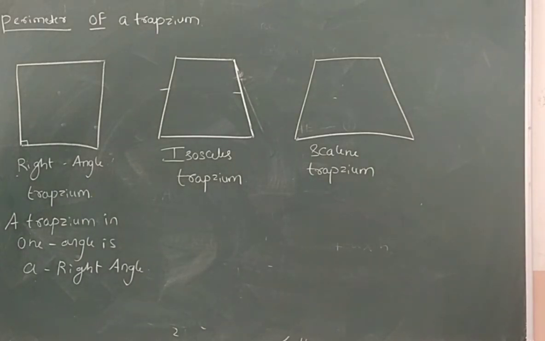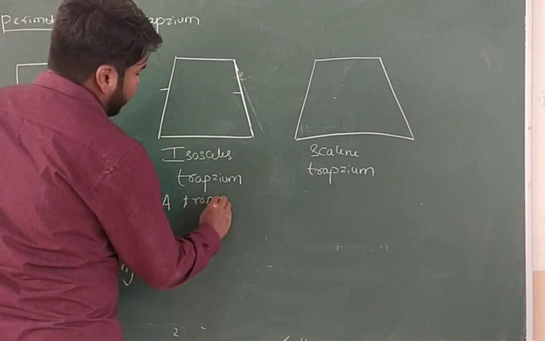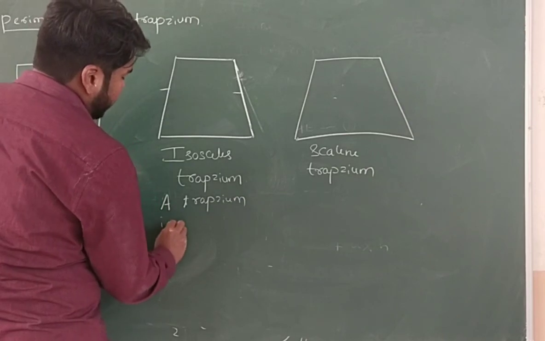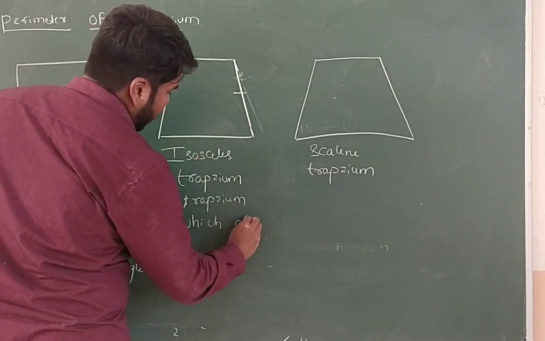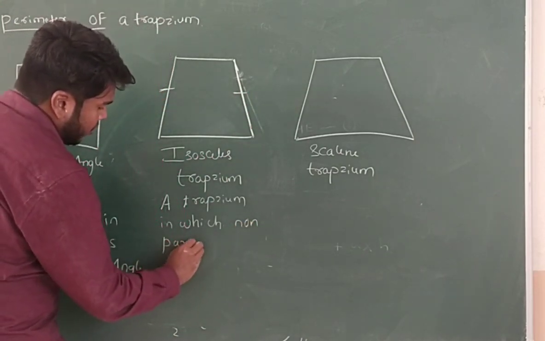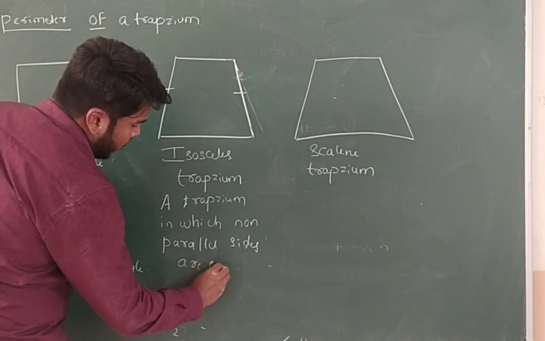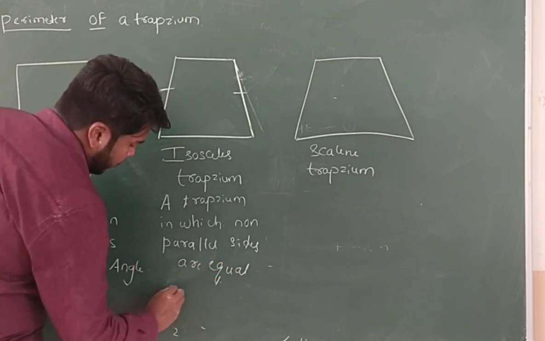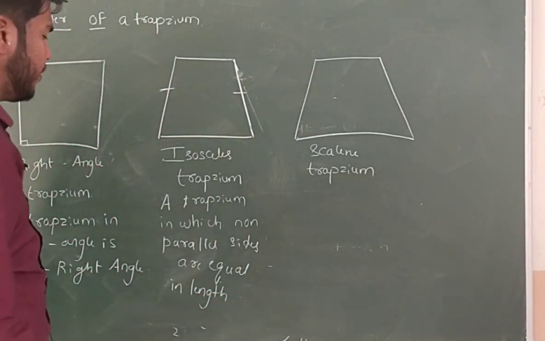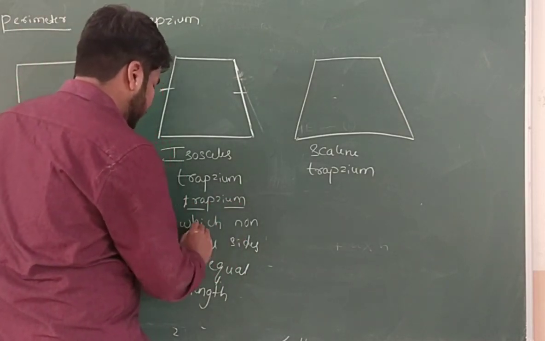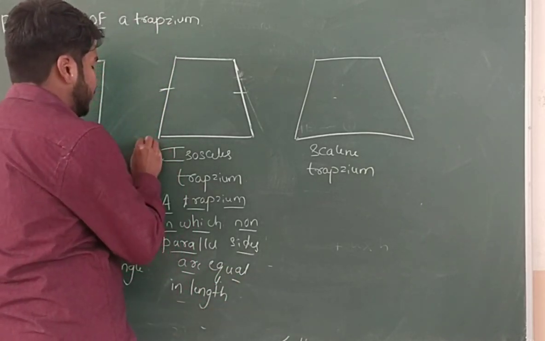Isosceles: a trapezium in which the non-parallel sides are equal in length is called an isosceles trapezium.